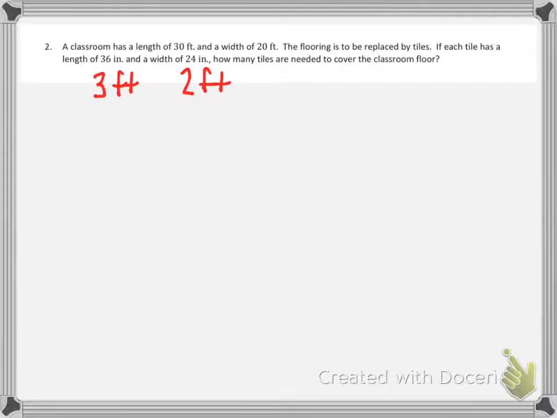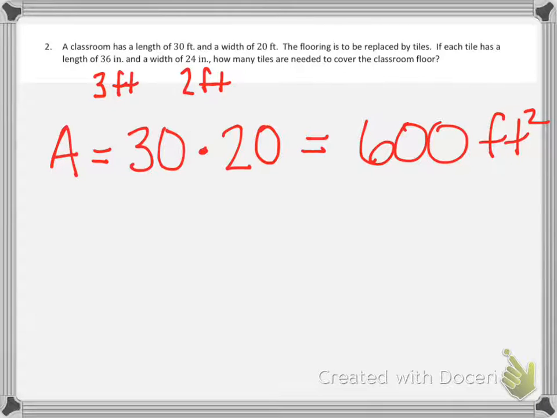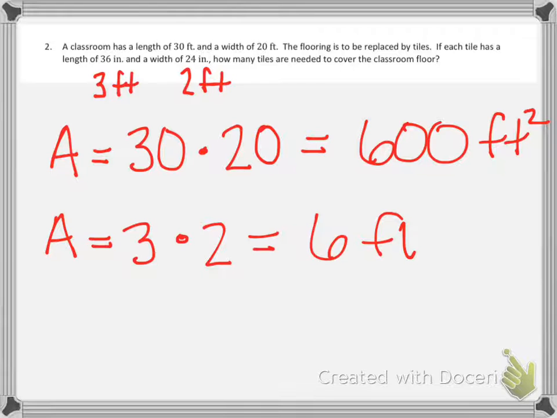Well, I need to know the area of the entire classroom first. So the area of the classroom is going to be 30 times 20, and that's going to be 600 square feet. And then I need to know the area of each tile, which is going to be 3 feet by 2 feet, which is 6 square feet.